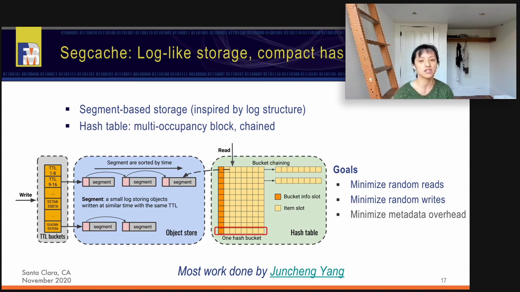And we start to think, what are the desirable properties accessing PMEM? Right? So we set out some goals, like we really want to minimize random reads and random writes, because PMEM works much better if we can keep most reads and writes sequential. And there's another goal that is neutral to PMEM.